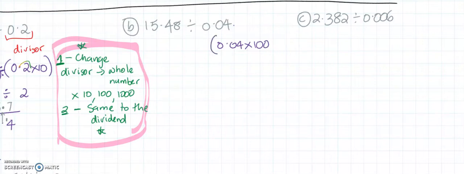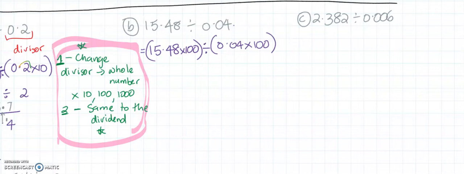So we multiply that by 100. The same thing needs to be done to 15.48. You multiply that by 100, and then we divide the two.